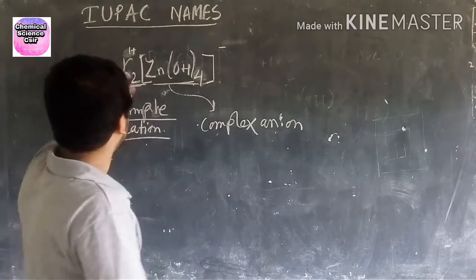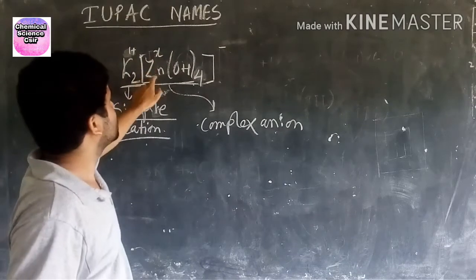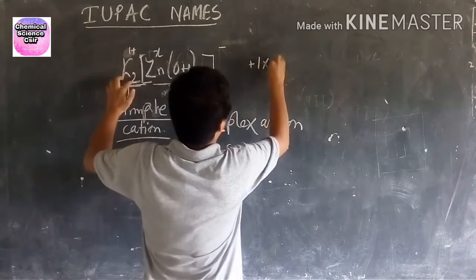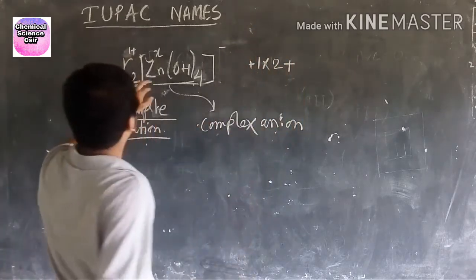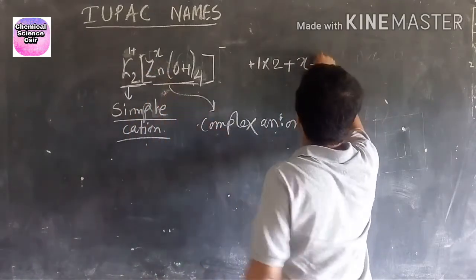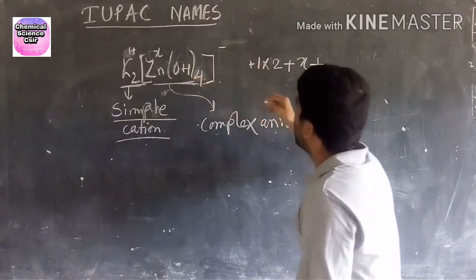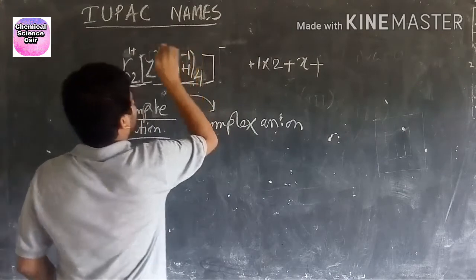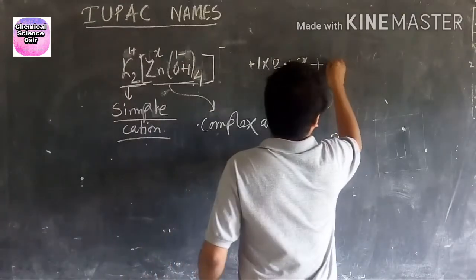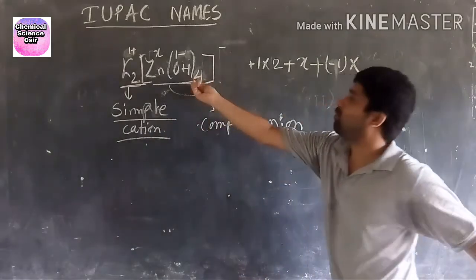Now the oxidation number you can find here. Zinc you don't know, that's why the oxidation number is X. So +1 into 2 plus X; zinc is only 1, so there is no need to write 1. Next, OH minus is hydroxyl, -1, 4 times.